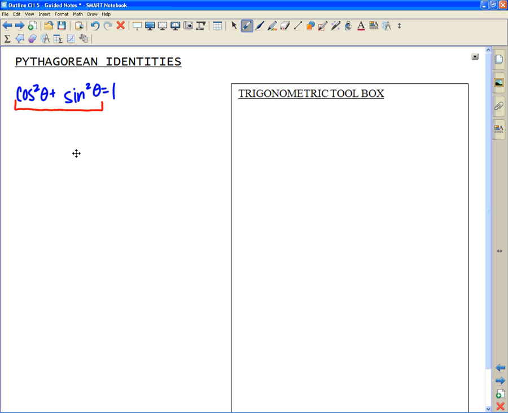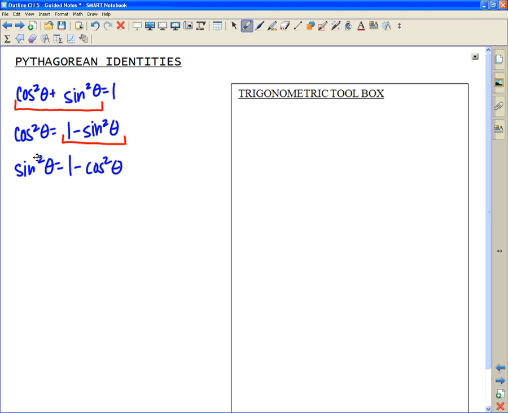Also, we can manipulate this equation. We can say that cosine squared theta equals 1 minus sine squared theta. You need to recognize at any given time that this could be replaced with a cosine squared. Finally, sine squared theta could equal 1 minus cosine squared theta. These two things are interchangeable and can be replaced at all times.